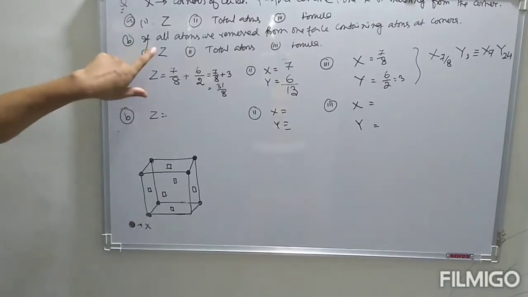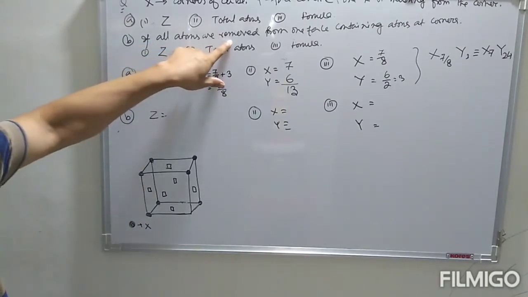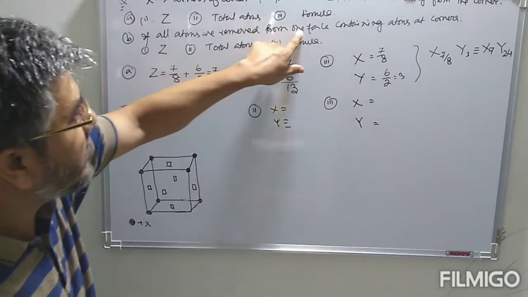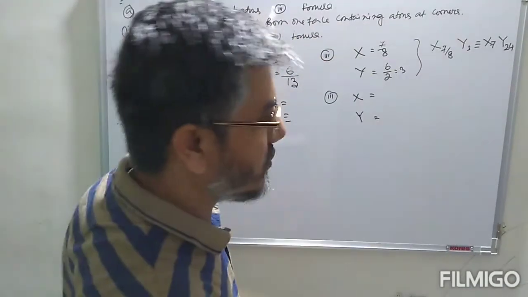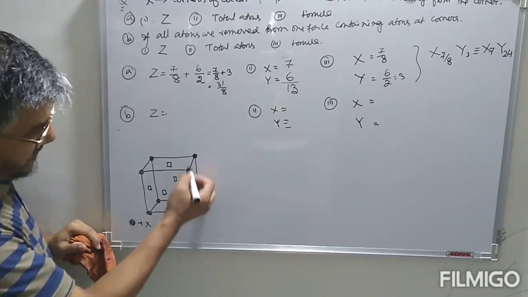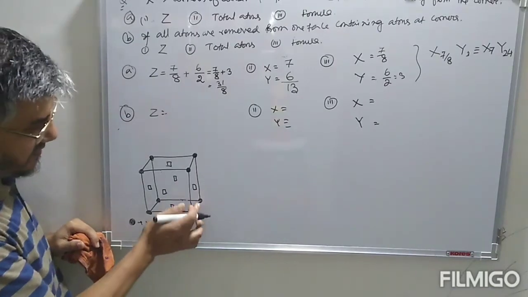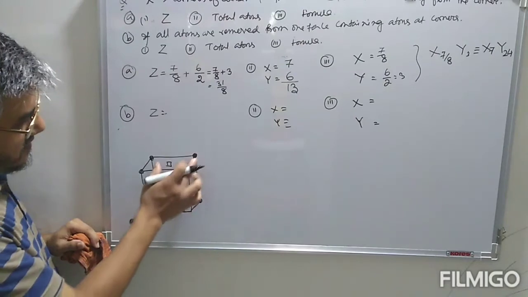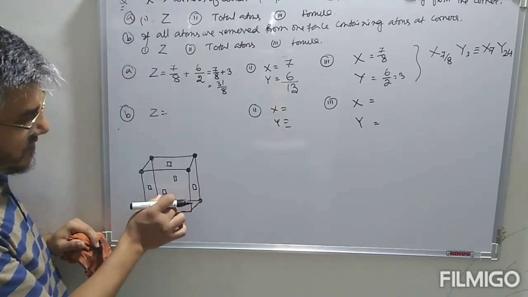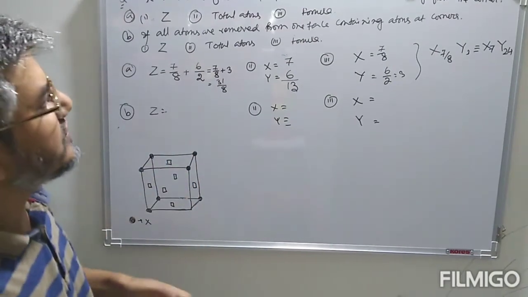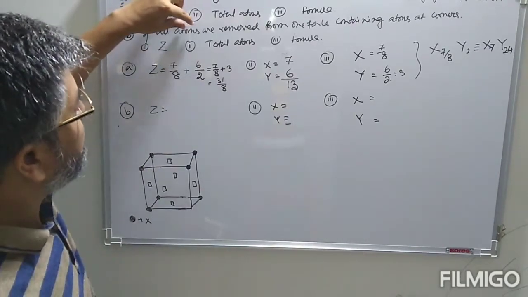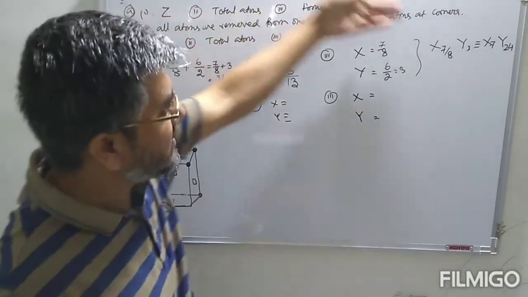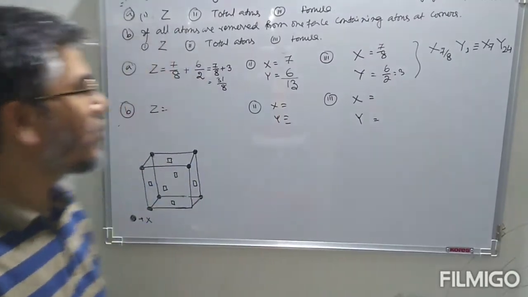Now, the second part of the question says, if all atoms are completely removed from one face containing atoms at corners. So this is the face in which one atom is missing. The question says you can remove all atoms from any face containing atoms at corners.